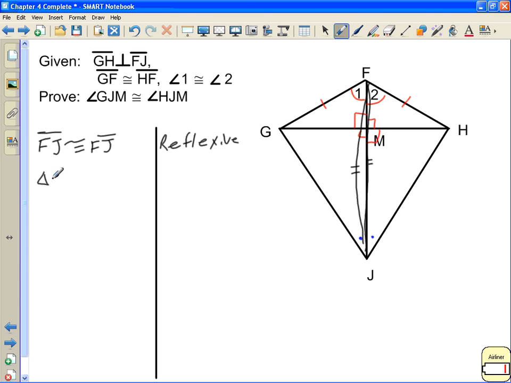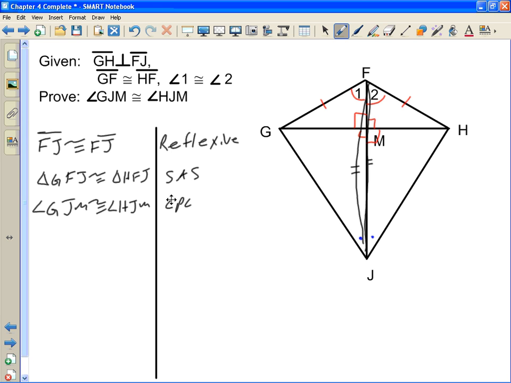So I can say that these triangles are congruent. So I'll go G, F, J. That's going to be H, F, J. My side, angle, side. And then I can say that these angles are congruent by CPCTC.